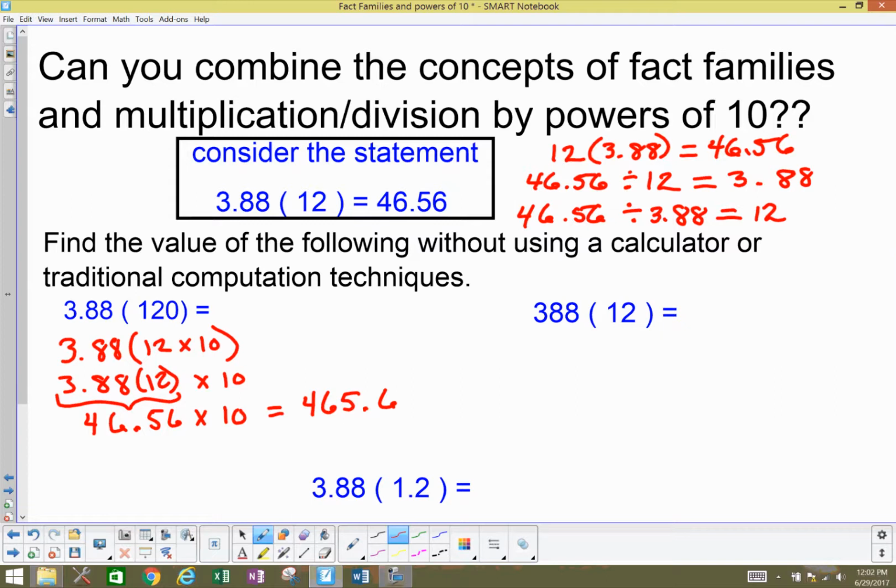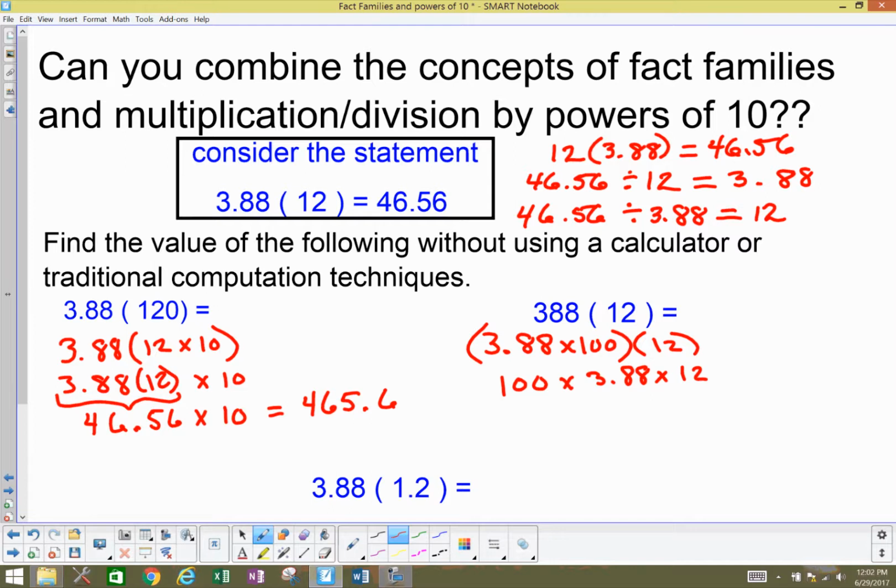Okay, so let's take a look at the next one. We've got 388 times 12. Well, I know that 388 is the same as 3.88 times 100. If I shift those around, I have 100 times 3.88 times 12. I did that using commutative property.